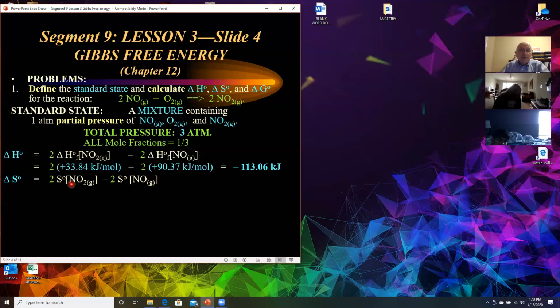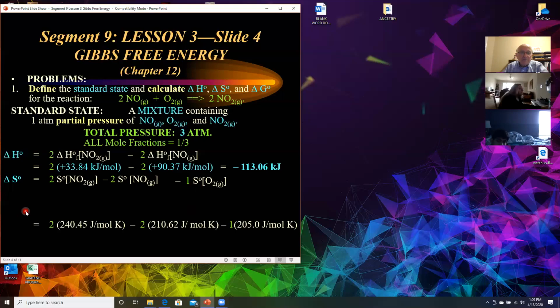So, okay, now the entropy is going to be twice the third law entropy of NO2, minus twice the third law entropy of NO, and minus the entropy of O2. Now, O2 does have a reference value because we're going all the way from the perfectly ordered state, which is 0. So there is an absolute entropy for O2, and we have that listed in the table in the back of your book.